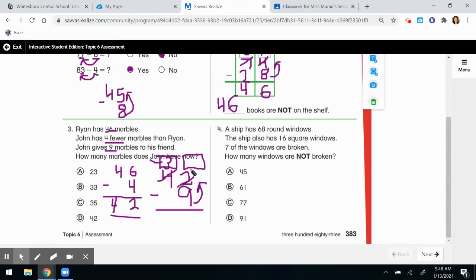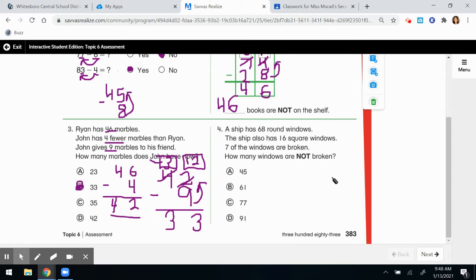And cross off 2 and it becomes a 12. Catch up with me. Feel free to pause if you need to. 12 minus 9 is 3. And 3 minus nothing is 3. So John has 33 marbles now. So that would be B. I am going to let you do some on your own, but I'm just doing this first page with you.